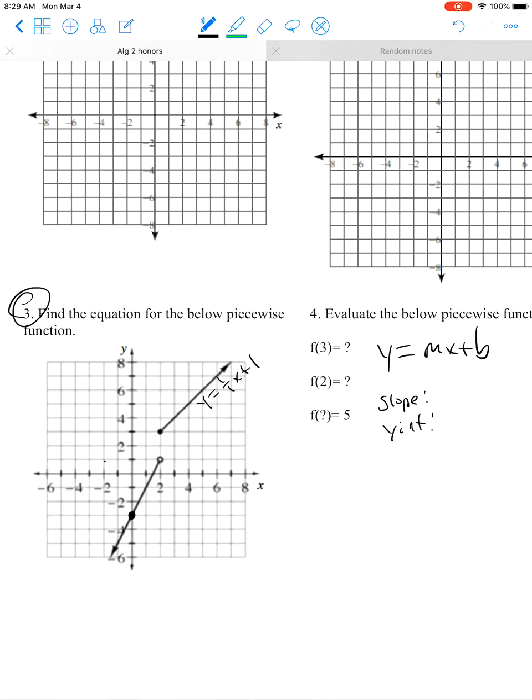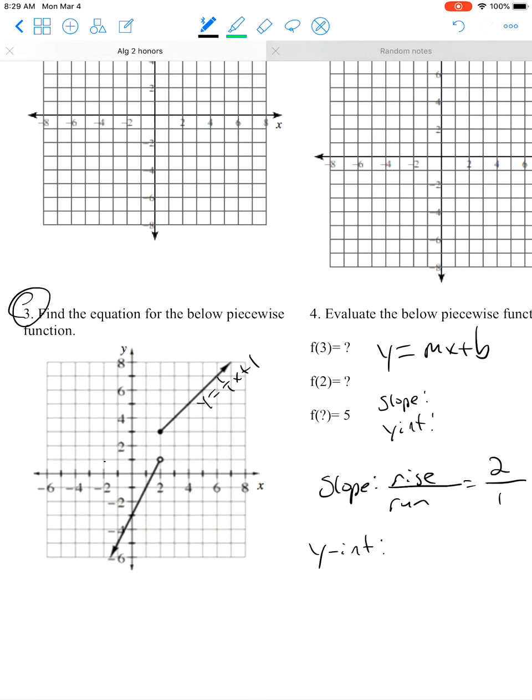Here's a nice point right here, and here's a nice point right here. For slope, I put a rise over a run. My rise goes up 2 over 1, so my slope is 2 over 1. That's pretty good. And now I need to find the y-intercept.